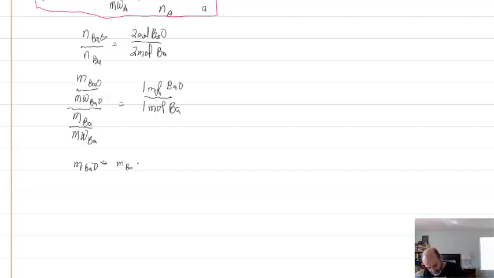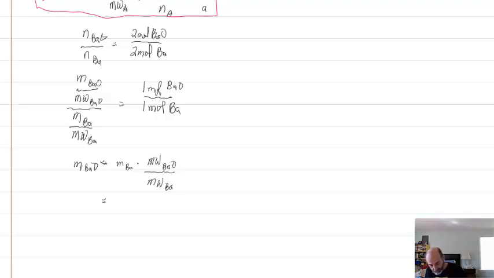So the molecular weight of BaO would be here, and the molecular weight of Ba here, and that's basically all we have to do to set up our equation for final analysis.